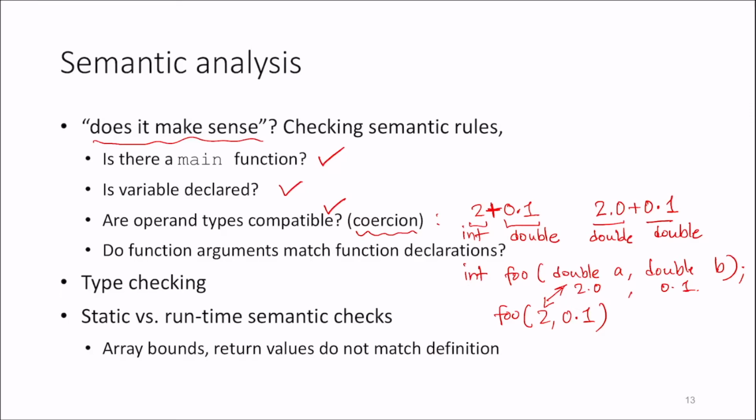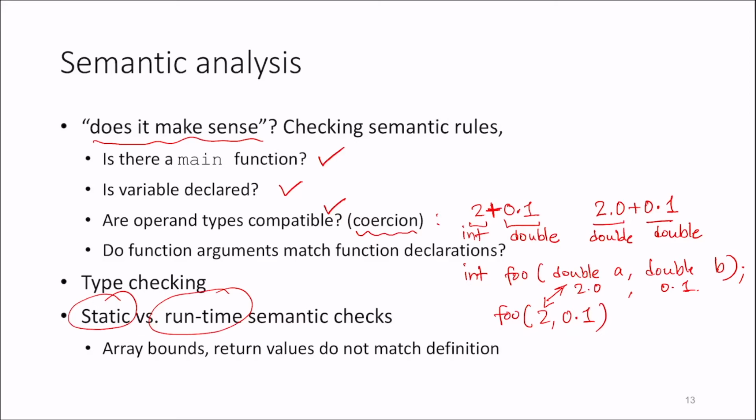There are different types of semantic analysis that we need to do. There are some which are static. So these happen at compile time, and some are inserted into the code to do runtime semantic checks. So for example, if you have arrays in your programming language and you want to check whether you're accessing an array in a valid way, you can't really do that at compile time because you don't know which location of the array you might access.